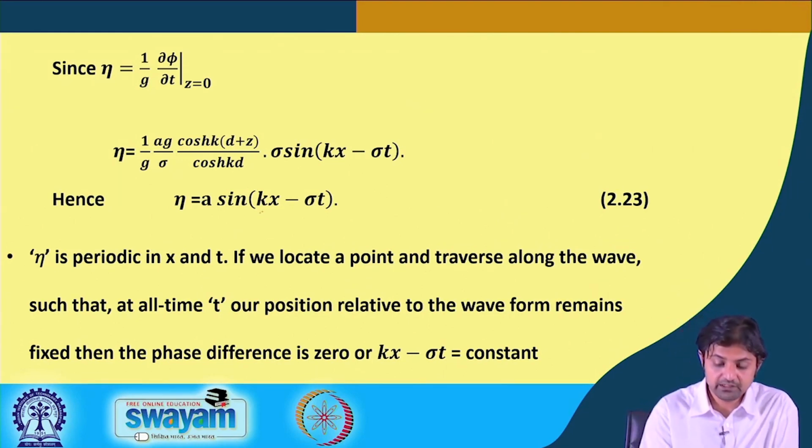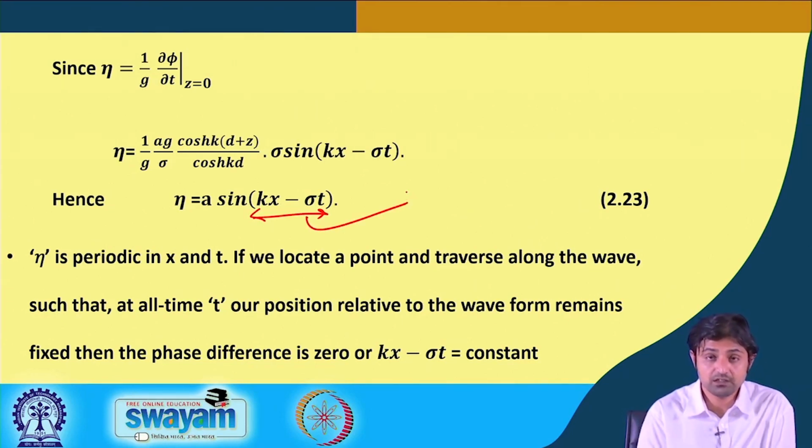So, basically this term kx minus sigma t, from your earlier mechanics class, you would know this is the phase, right, kx minus sigma t. So, with this phase we do an experiment.